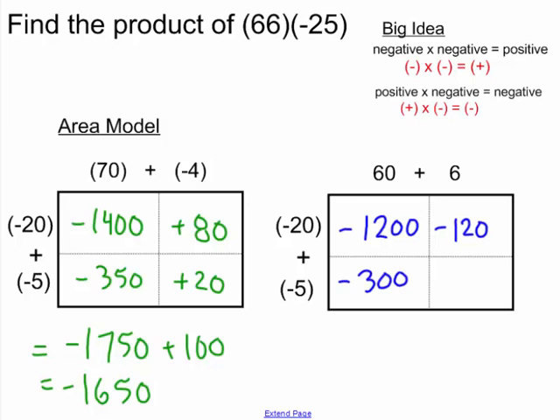And lastly, negative 5 times positive 6. So you'll notice all of my numbers came out negative in this one. That's okay. So when we add them up, we have negative 1,200, negative 1,500, negative 1,620, negative 1,650, and I come up with the same answer.